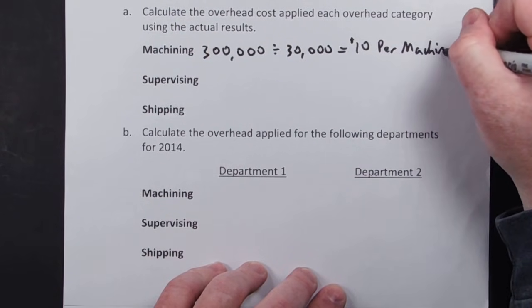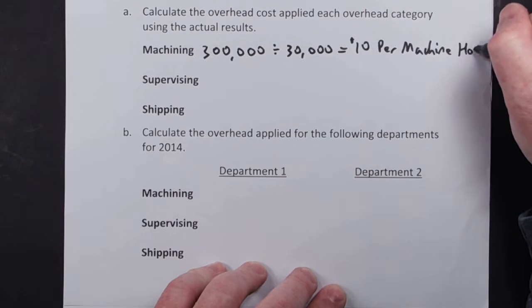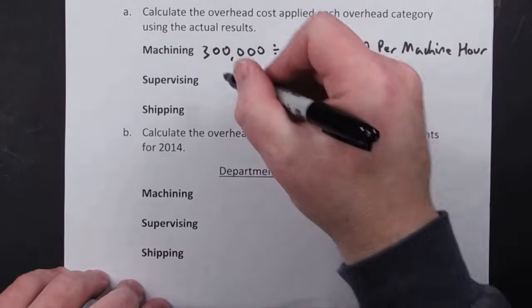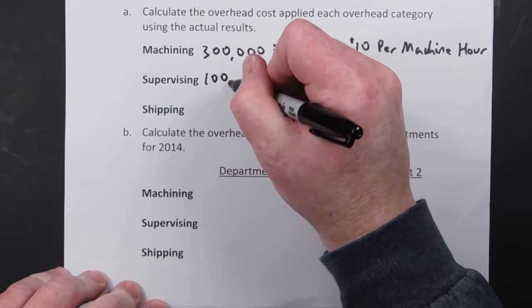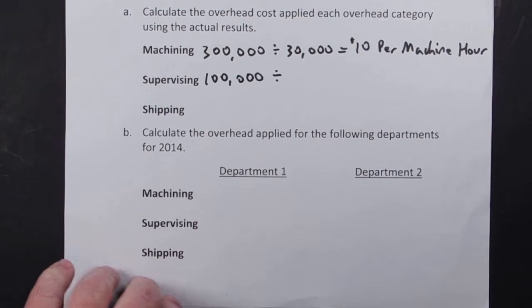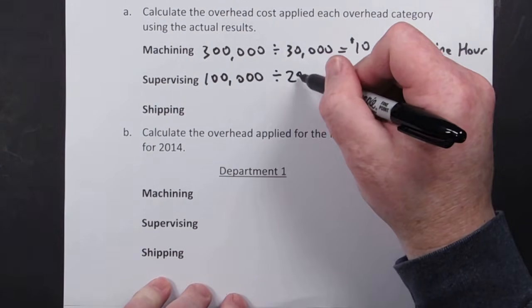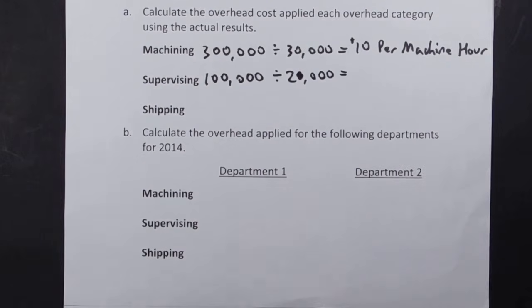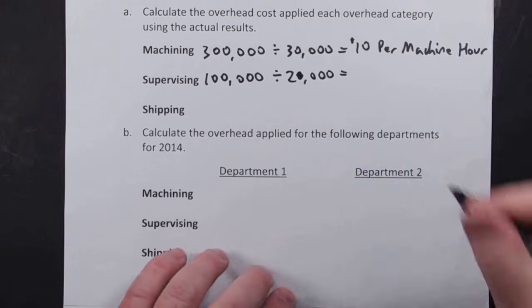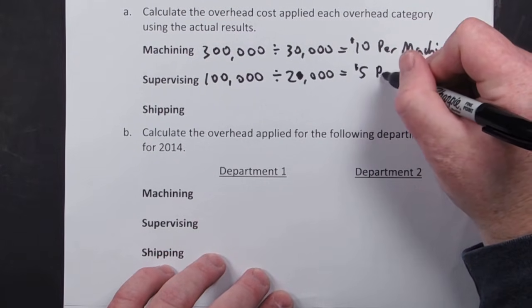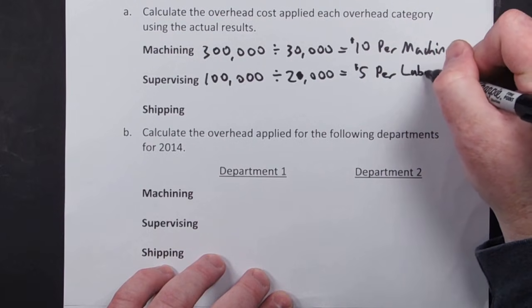300,000 divided by 30,000 machine hours, $10 per machine hour. So we had $100,000 of cost supervising divided by 20,000 labor hours.